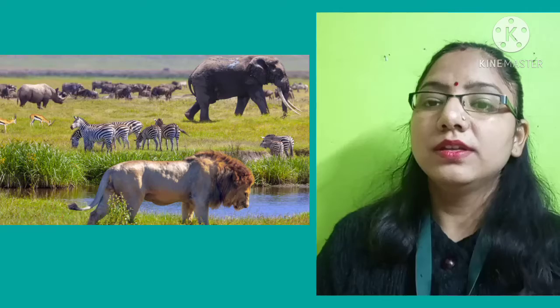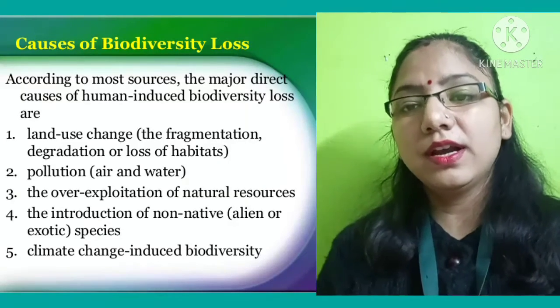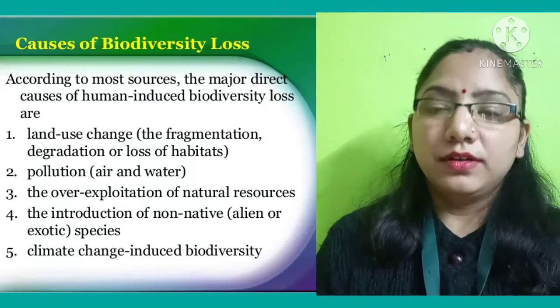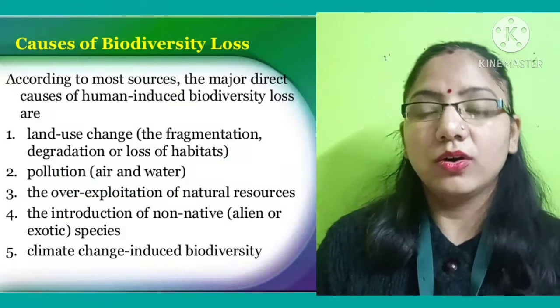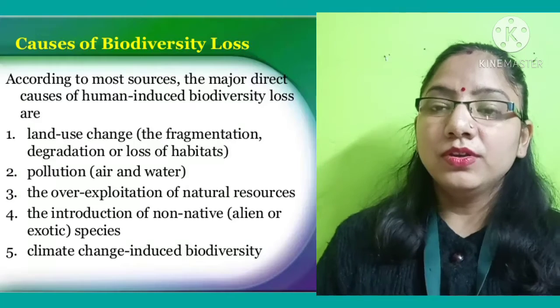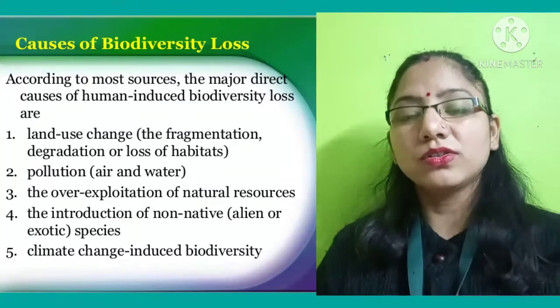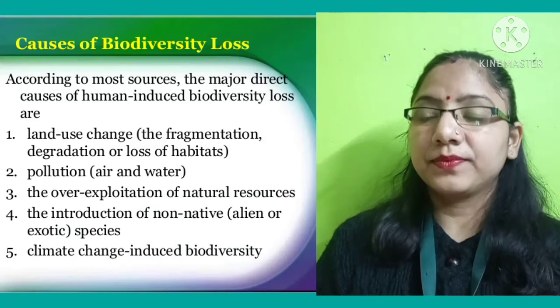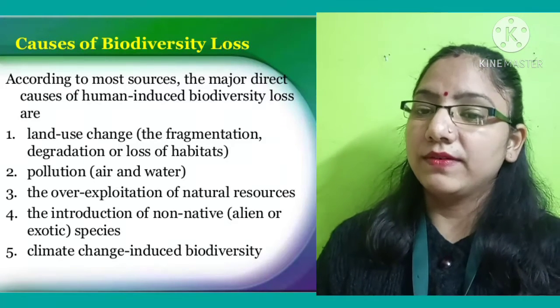Students, if we see nowadays, there are lots of species which are either rare or endangered or going to be extinct. So what is the loss of biodiversity and how has it happened? Let's see.